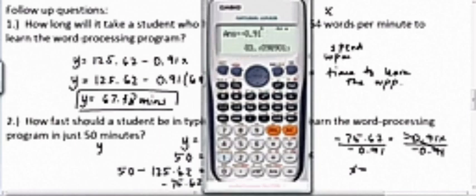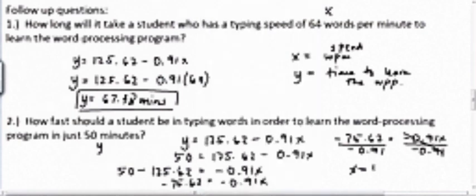So, the answer is 83.10, guys. So, 83.10 words per minute. Okay? So, a student should be typing 83.10 words per minute to learn the word processing program in just 50 minutes.